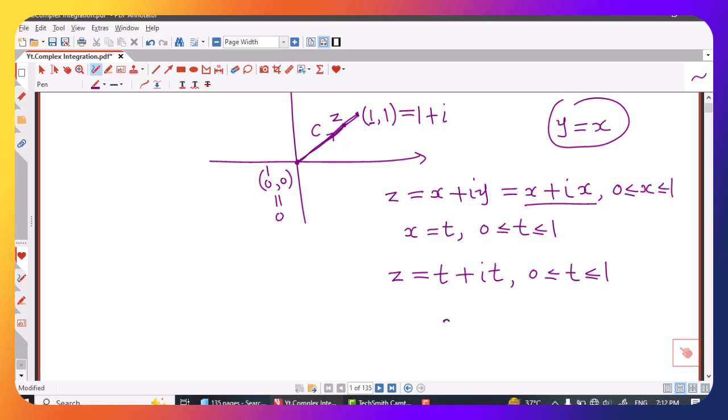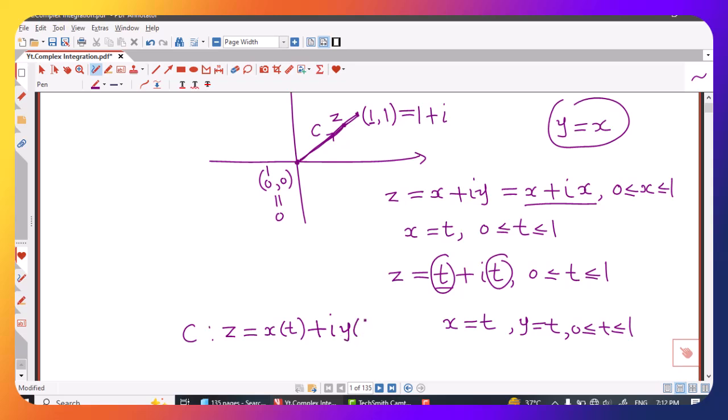So here we have used parametric representation. Here x is t, y is t, and t lies between 0 and 1. So this is another representation for the given curve C. We can write z equal to t plus it, and in general we can write x as a function of t plus i times y as a function of t, where t lies between some real numbers, say a and b.